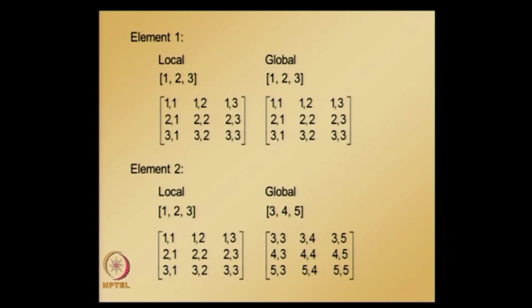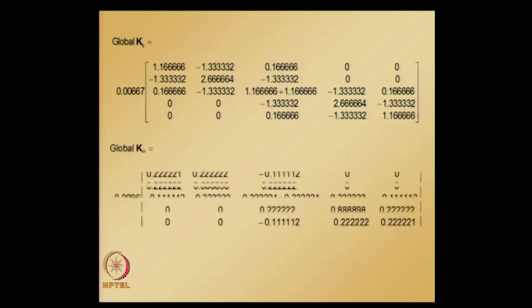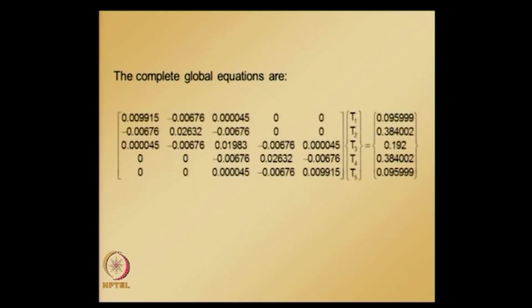Using this we can directly write global matrices K, P, by plugging in the contribution of element 1 and element 2 into the appropriate locations, and global R. So, once we have all these matrices, complete global equations can be obtained, which is going to be 5 by 5 equation system.